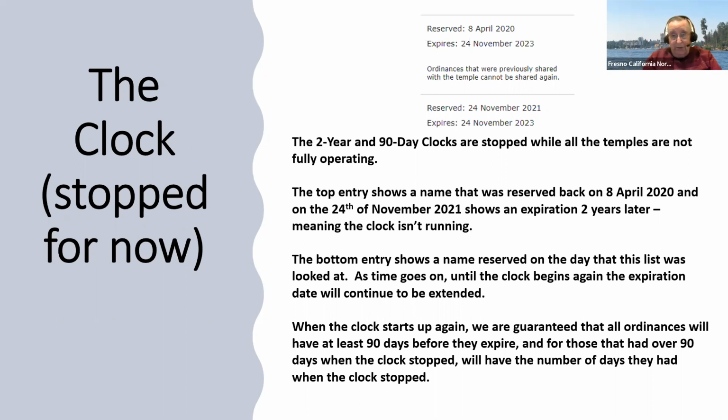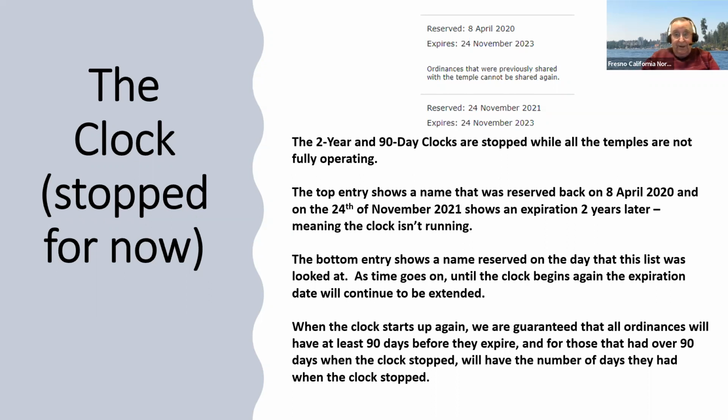The top entry that you see on this page was reserved on the 8th of April in 2020. And on the 24th of November of 2021, it shows 2 years from that date till it expires, which means it's actually got well over 2 years from when it originally was reserved, because right now they've set everything that is reserved and just regular reservation at 2 years, and each day that clock will change.